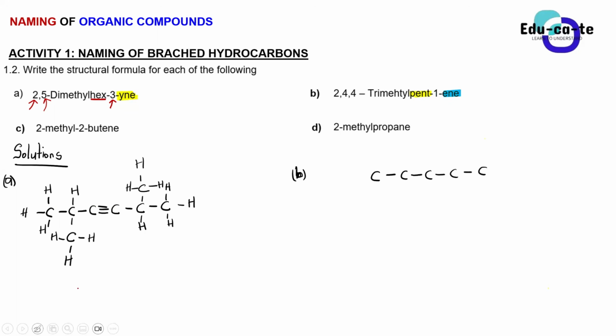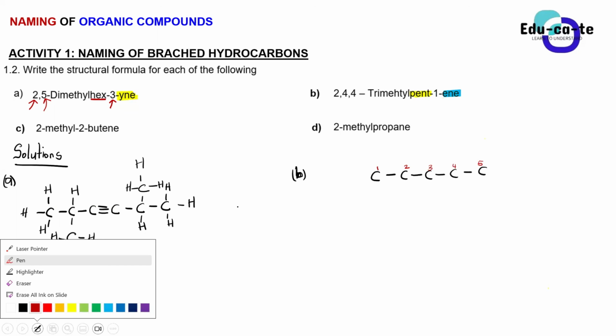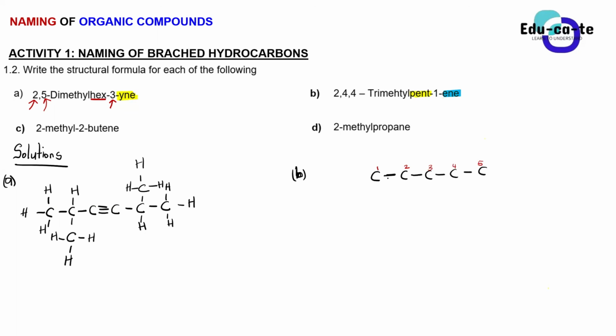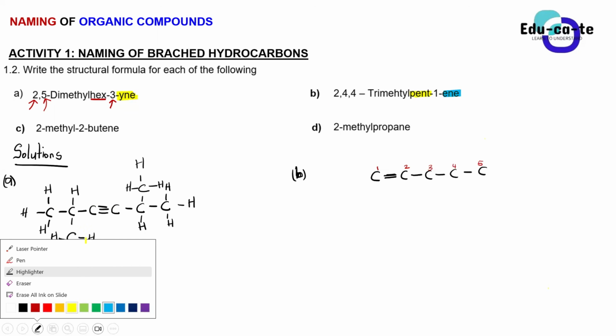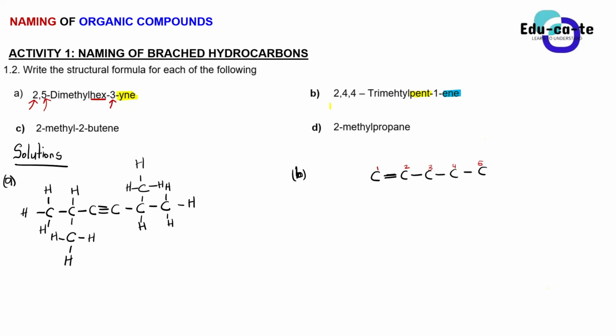This is your carbon 1, 2, 3, 4, and 5. So on carbon 1, you are going to put the double bond. After carbon 1, as Sam said, we put our double bond there. Let's see you proceed, Sam. Therefore, we'll take the first methyl and put it on carbon number 2, and the other two methyls we put on carbon number 4.